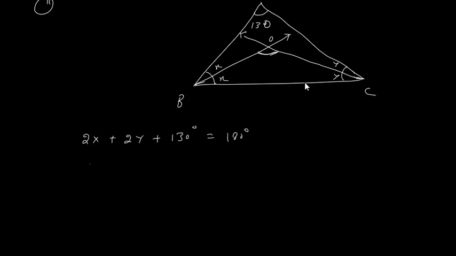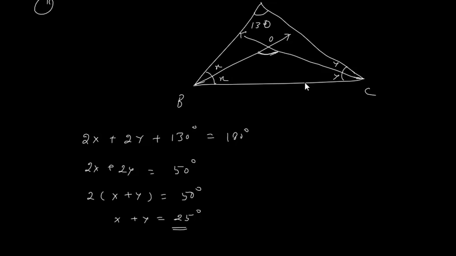So 2x plus 2y is equal to 180 minus 130, which gives 50 degree. I will take 2 common. So x plus y is equal to 50 upon 2, that is 25 degree. So the value of x plus y is 25.